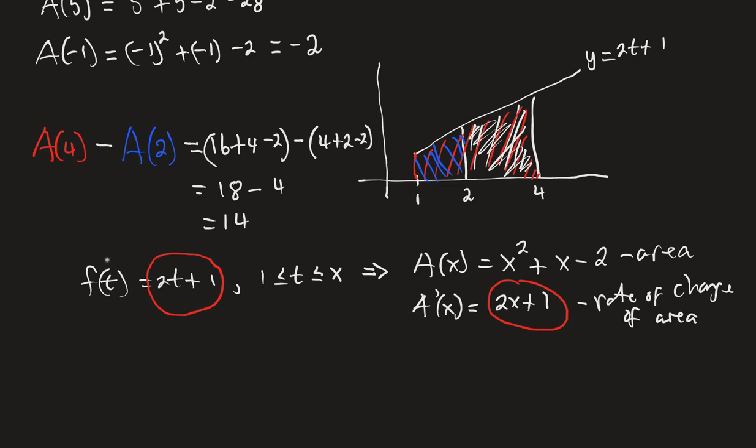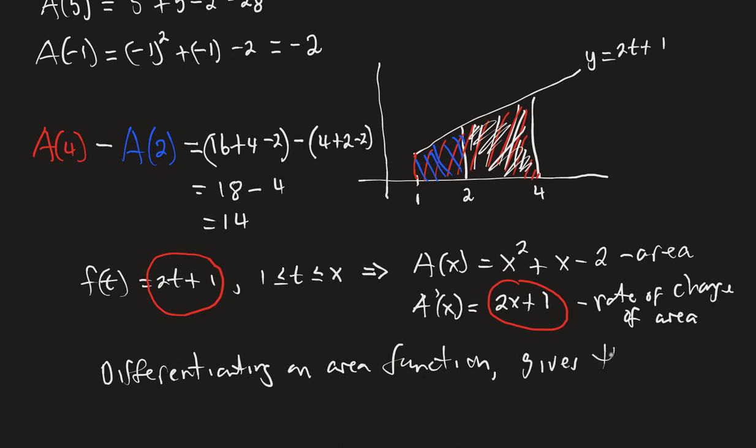So what have we illustrated there? We've shown that differentiating an area function gives the original function, just with a different variable.